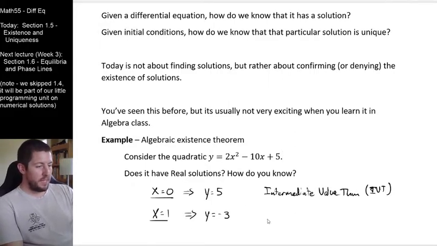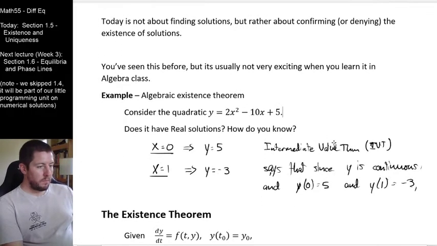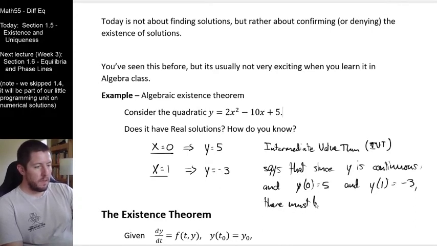The reason I know this is because this says that since y is continuous, and y of 0 equals 5 and y of 1 equals negative 3, there must be a solution in the interval 0 to 1, right?